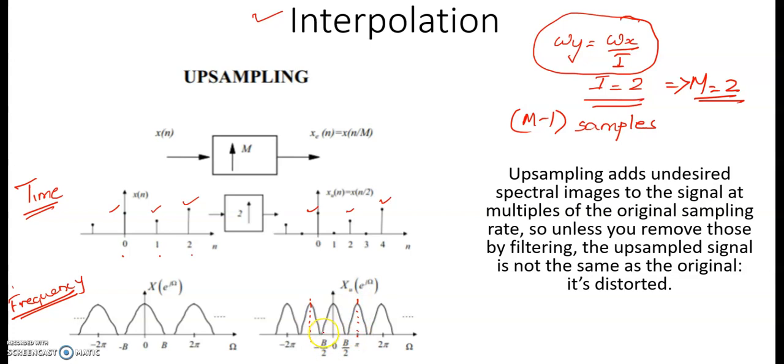We have the original signal, that is the required signal over here, and you have an alternate version. This version corresponds to this one, and this version corresponds to the signal at this part. So you have an alternate copy of the signal which comes in the original span of the signal.